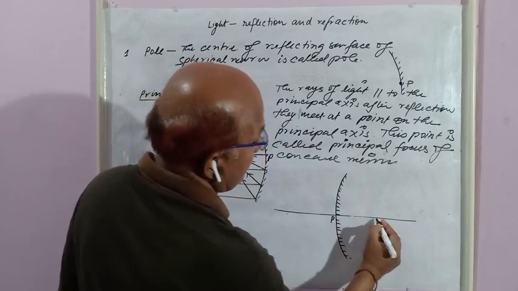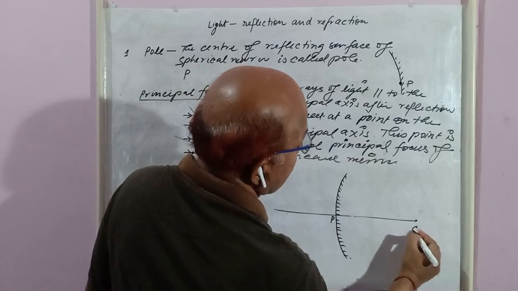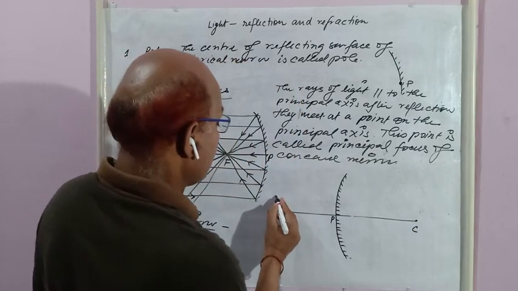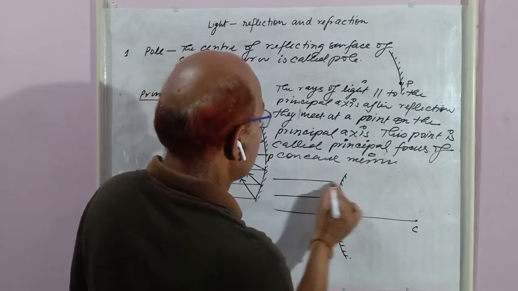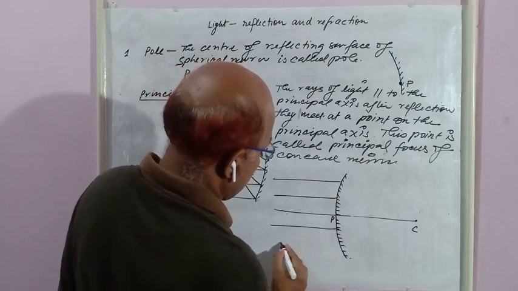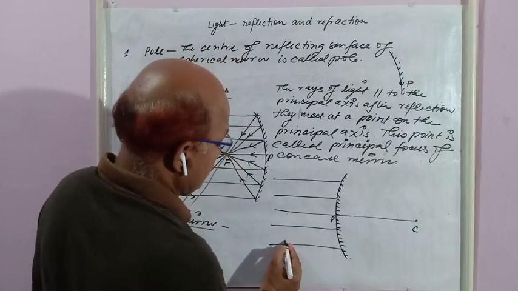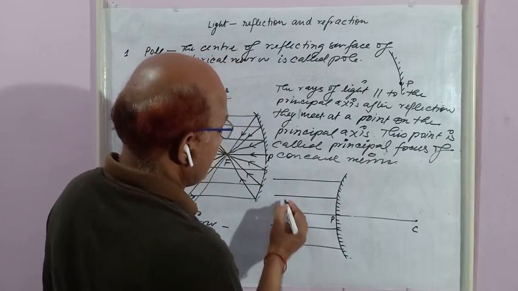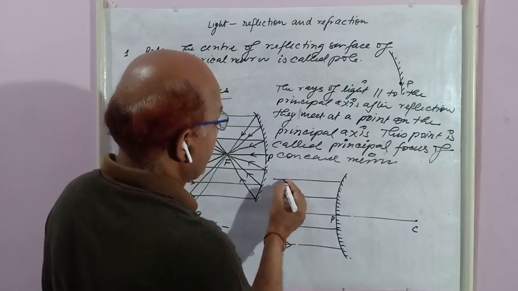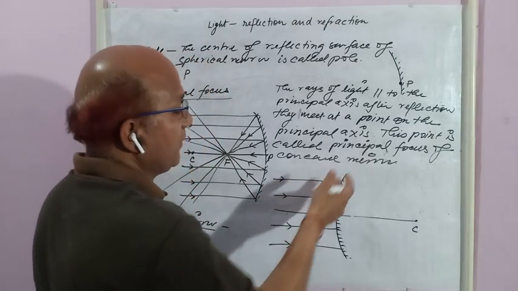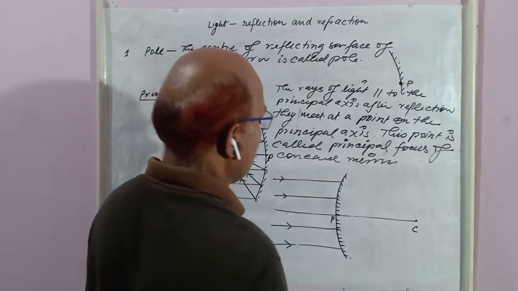It is the pole. It is the center of curvature. These are the rays of light parallel to the principal axis falling on the convex mirror.